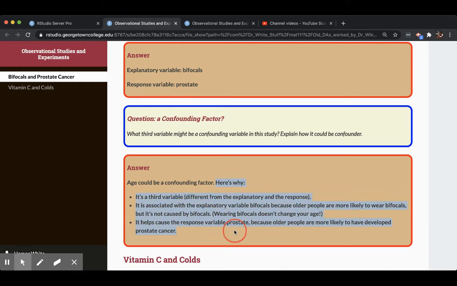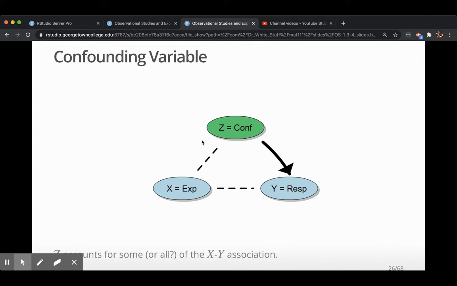Now you notice I have this explanation for why it's a confounding variable. As I've emphasized in class, this explanation is based on the definition of confounding variable. If I could take you back to our slides for a little bit, to around slide 26, this is a graph that shows the definition of a confounding variable.